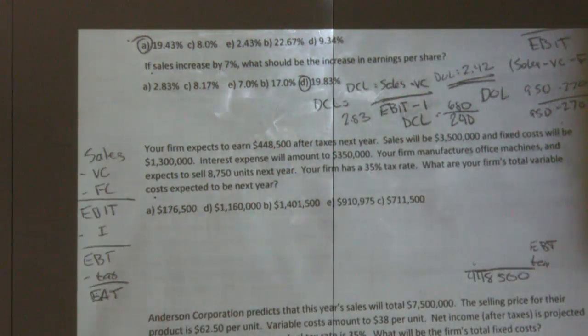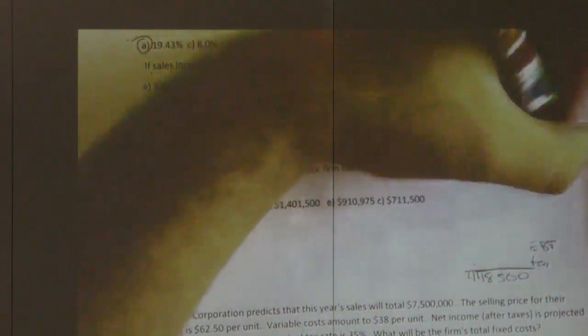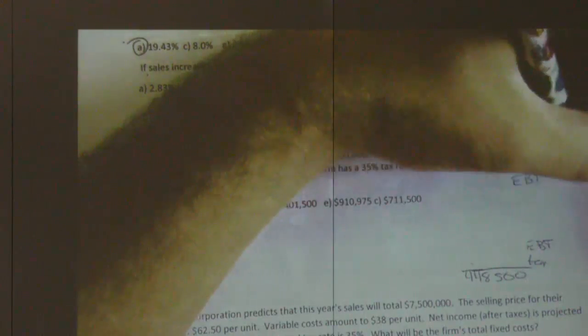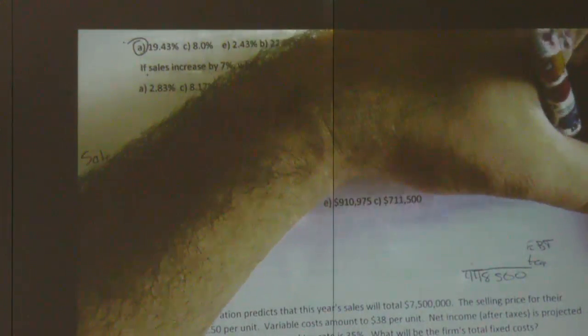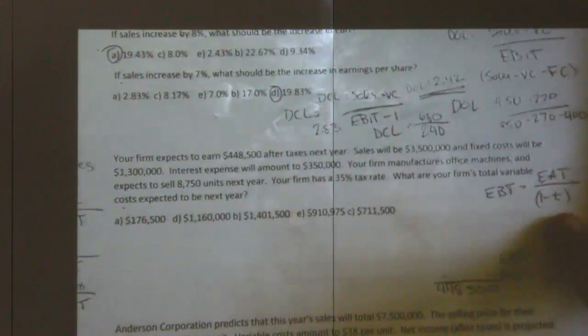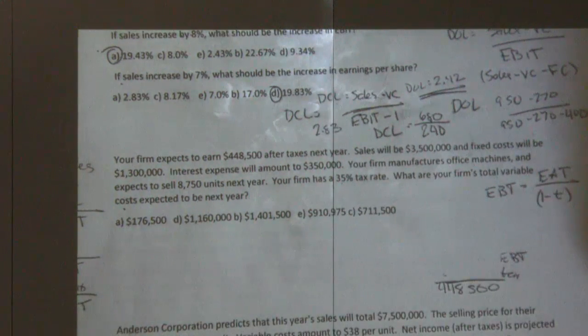An easy way to get to your EBT, another formula, which I don't think will be on the test, would be your EAT over 1 minus the tax rate. This formula gives you your EBT, which is useful because we still have to work upwards.